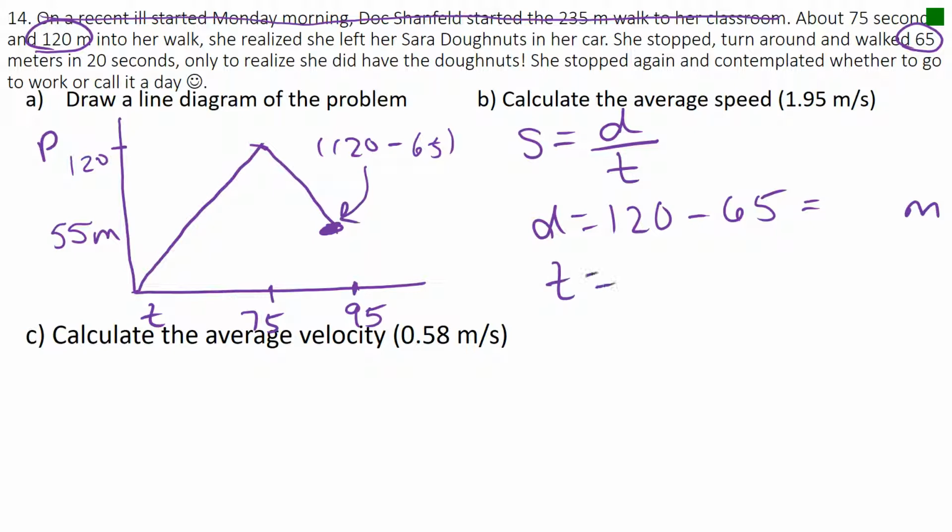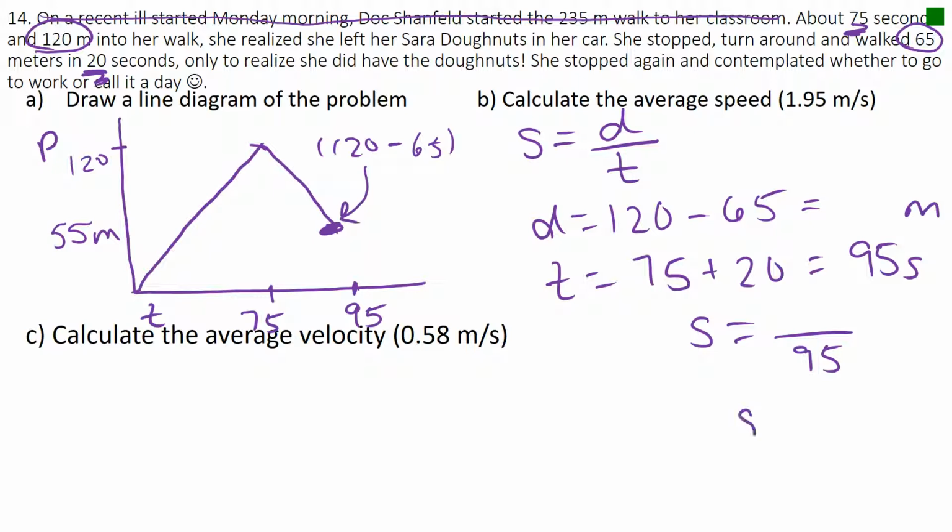And then the time is going to be the 75 seconds for the first leg and the 20 seconds for the second leg. So 75 plus 20 is 95 seconds. So S equals 55 over 95.